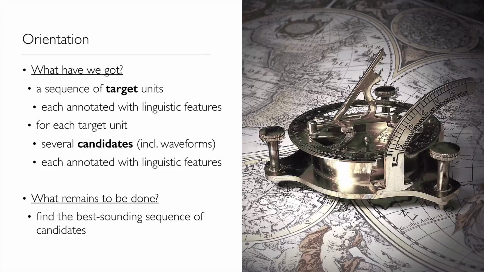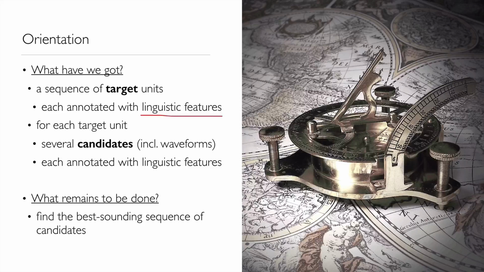Right, where are we at this point? Let's orient ourselves again into the bigger picture. We have run the front end, got a linguistic specification of the complete utterance. We've attached the linguistic specification down onto the segment, onto the pronunciation level. And that's given us a linear string, a sequence of target units. And those target units are each annotated with linguistic features.